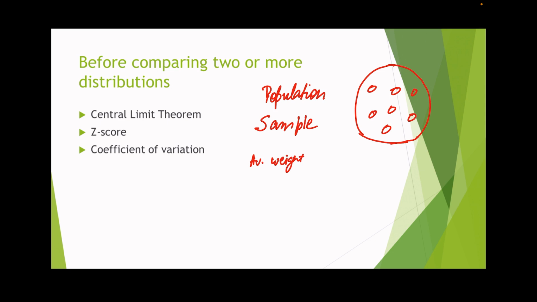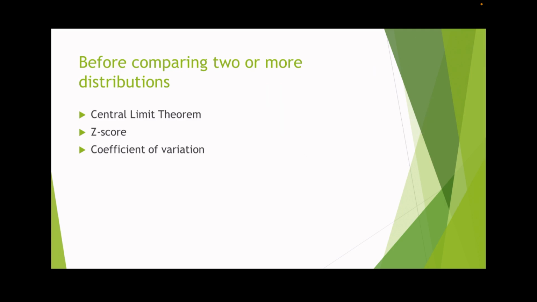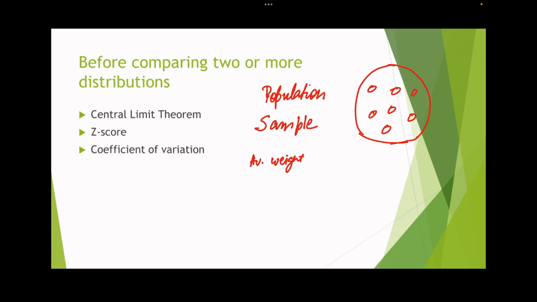of all the people in the universe, then it would be impossible to measure every single person and find out the average weight. So, what we do instead is we take samples from different parts of the universe, and now we can draw some inferences based on these samples.